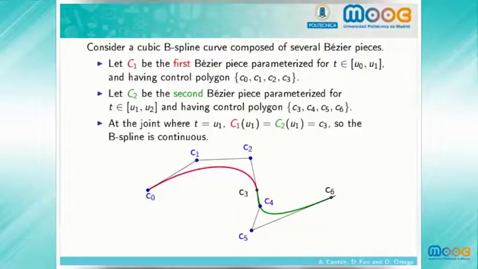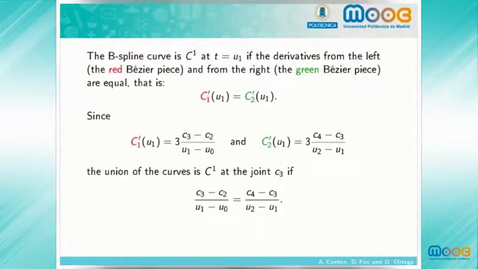Now we need to examine what conditions we need to impose in order to guarantee that the two pieces of curves join in a differentiable way, in a C1 way. The B-spline curve will be C1 at the joint, which corresponds to t equal to u sub 1, if the derivatives from the left, the red part, and from the right, the green part, are equal.